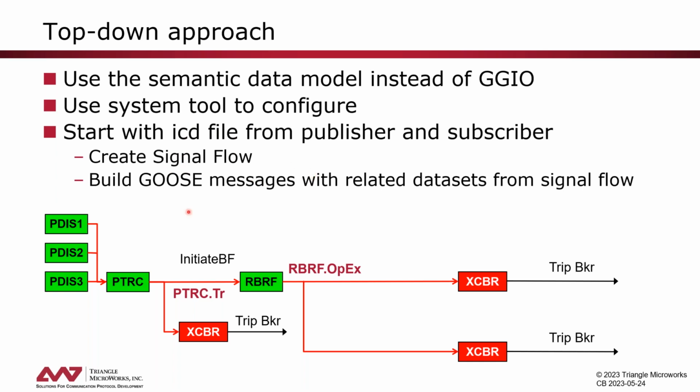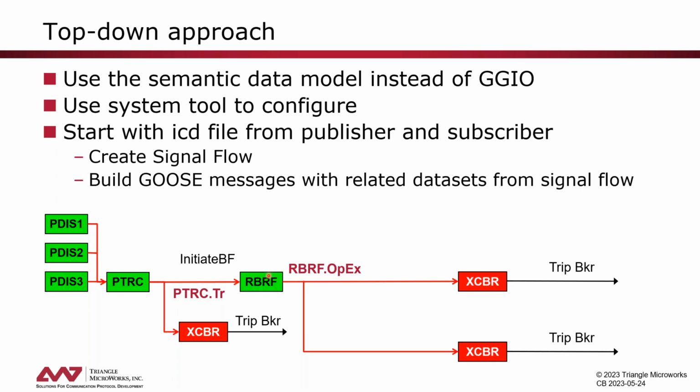So if you look now at the use cases, we would have our protection, in this example, distance elements. We have the key element, which is our trip conditioning logical node, so the trip logic that will go on the device that is the protection device to the breaker interface to trip the local breaker. But the signal will also go to the breaker failure logical node, where we implement the breaker failure functionality. So we verify if the breaker did open.